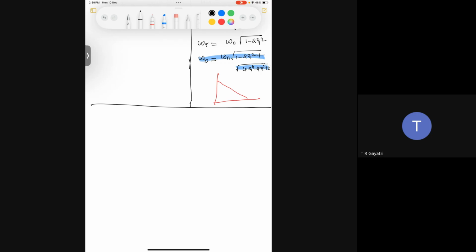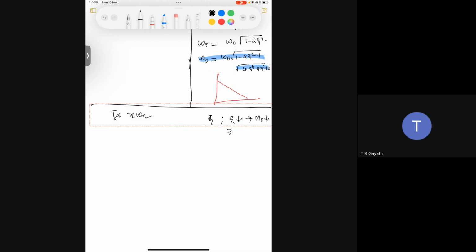In the time domain, Ts depends on zeta omega n. In the frequency domain, it also depends on zeta. Based on the zeta value, if it is low, the resonant peak would be low.